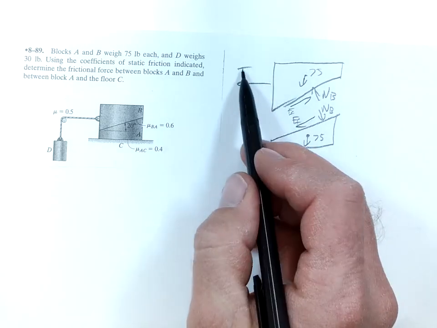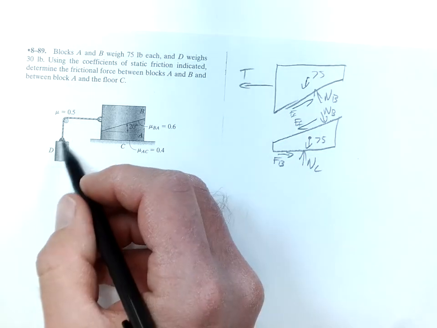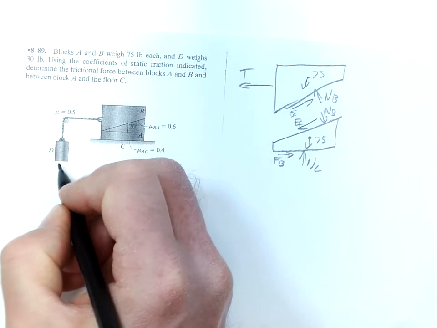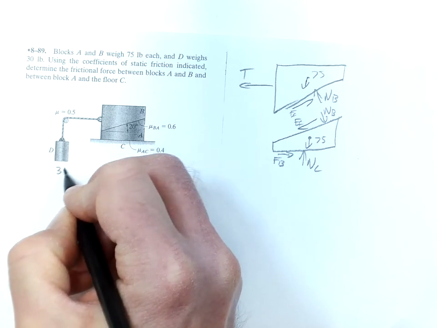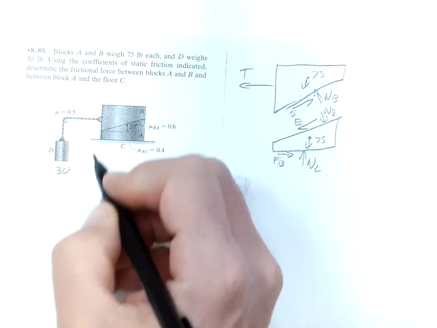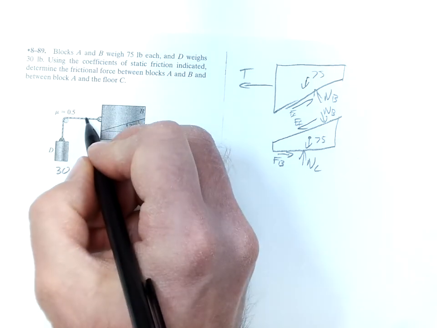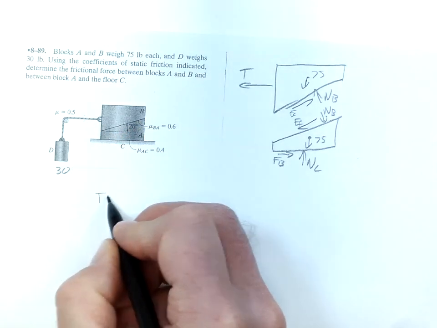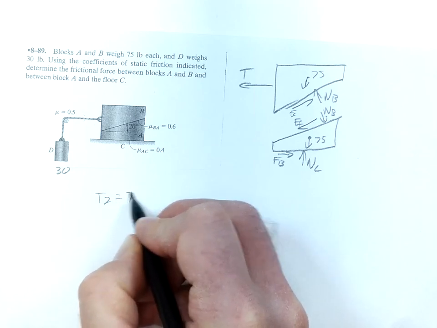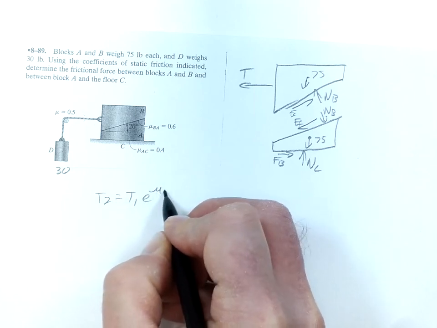So first let's find out what T is. So this is 30 down, and so if that becomes T1, T2 is up here, so T2 equals T1 e to the mu beta.